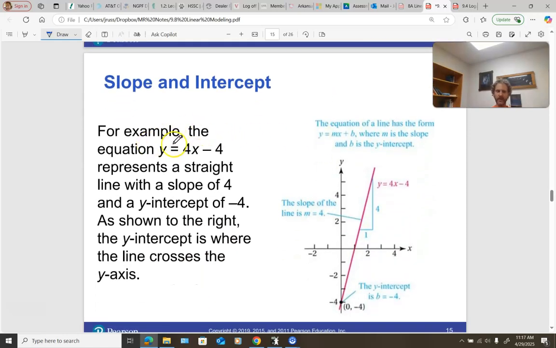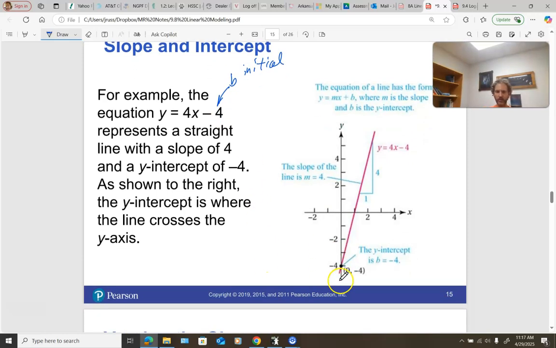So for example, this equation, y equals 4x minus 4. So the rate of change is 4, or 4 over 1, in other words. And the initial value, b, is negative 4. So when you go to graph an equation like this, the initial value, negative 4 in this case, that's where your line would start or would cross the y-axis.